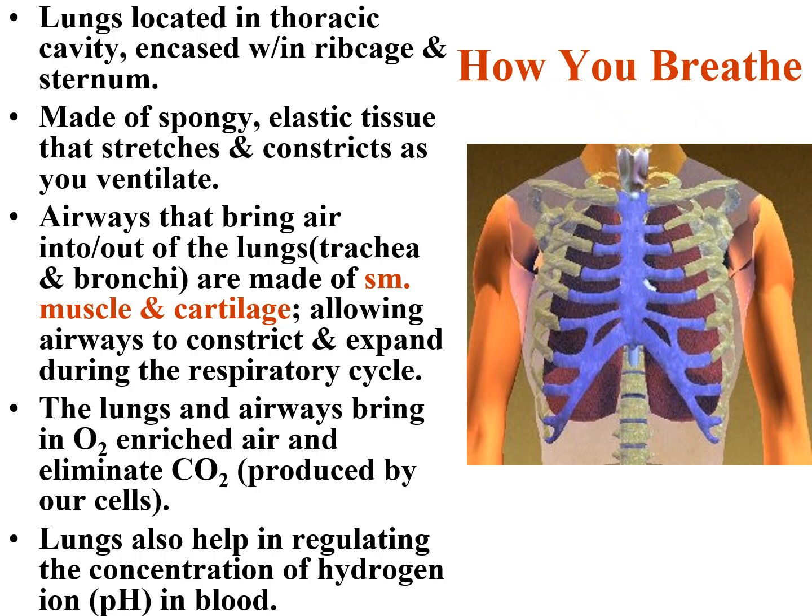So if we didn't have that slightly rigid cartilage tissue in alternating bands within our smooth muscle trachea, then our trachea would completely close and we could unfortunately die. So it's a fantastic safety mechanism that our trachea is made up of these alternating patterns of smooth muscle as well as cartilage. Now that allows for our airways to constrict and to expand during our respiratory cycle.